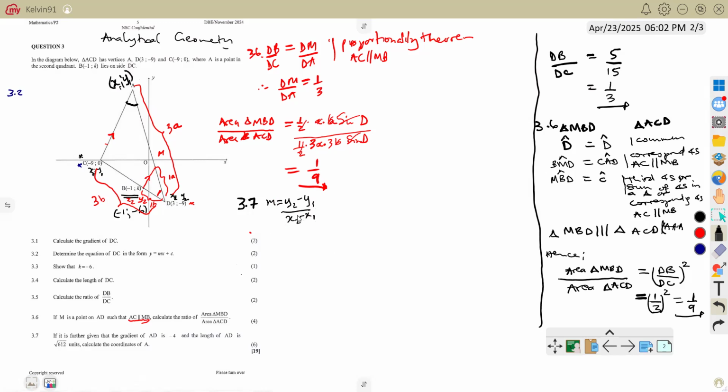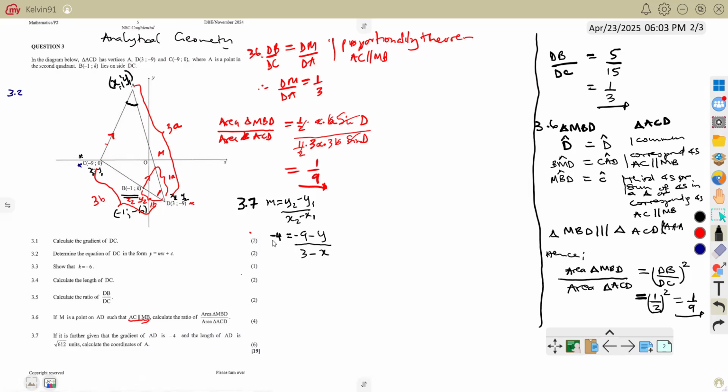So substituting, we are told that the gradient of AD is -4. So we are going to have -4 being equal to y2, which is minus 9, minus y, all over x, which is 3 minus x.